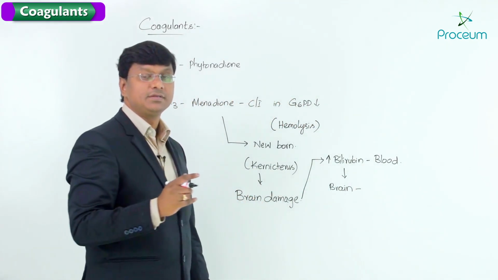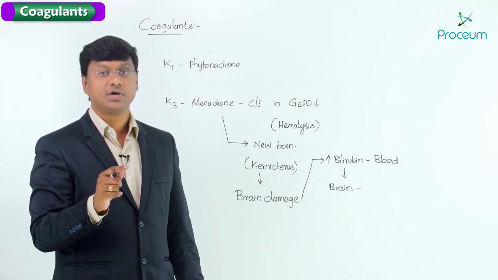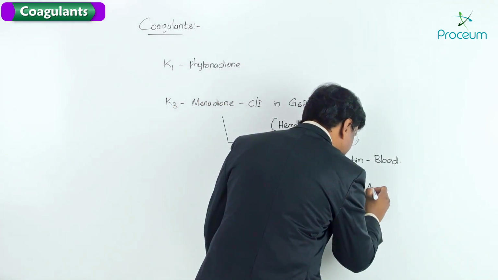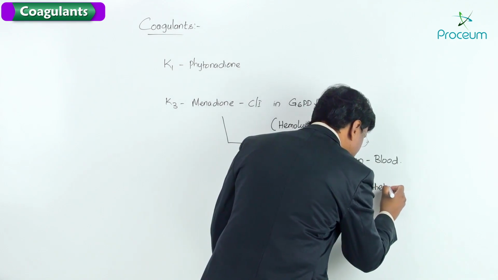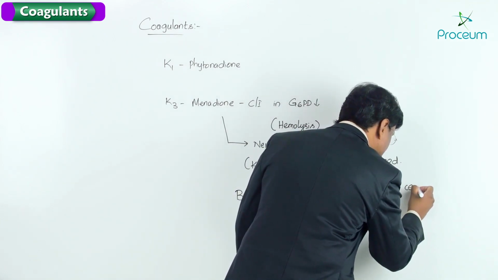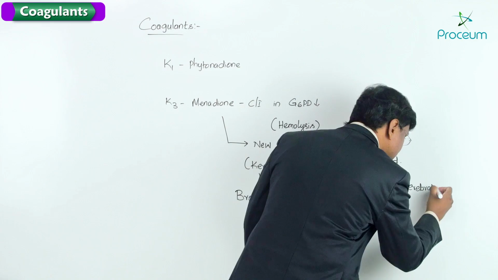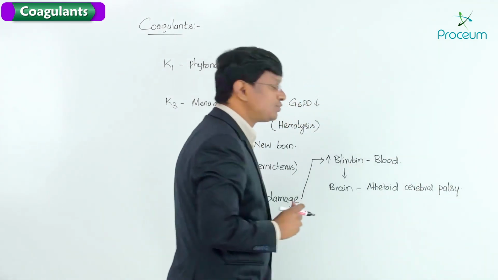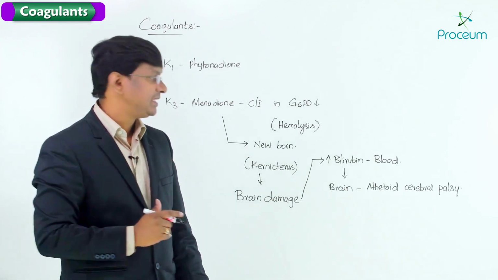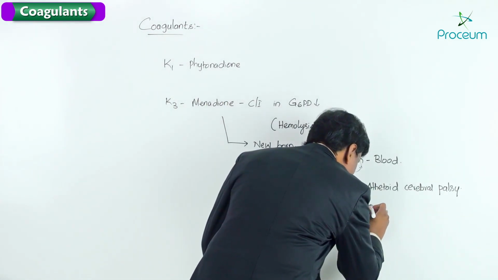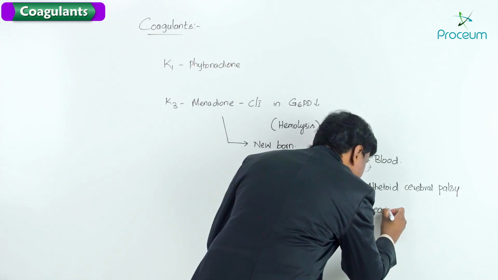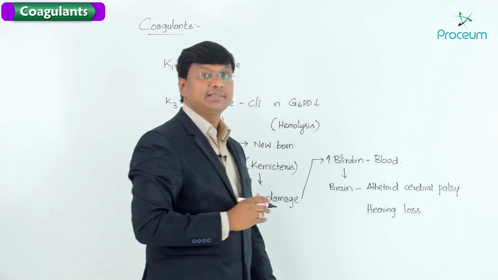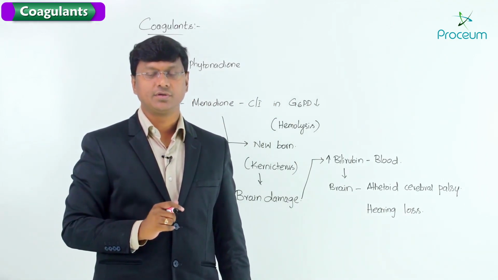And once this bilirubin gets deposited within the brain, this will cause athetoid cerebral palsy and hearing loss.